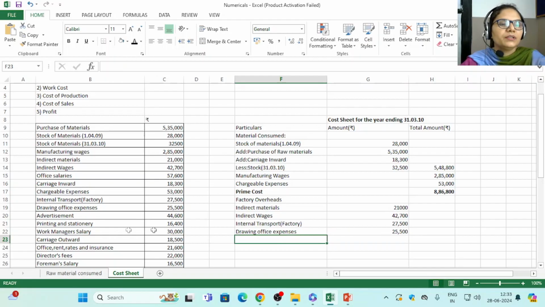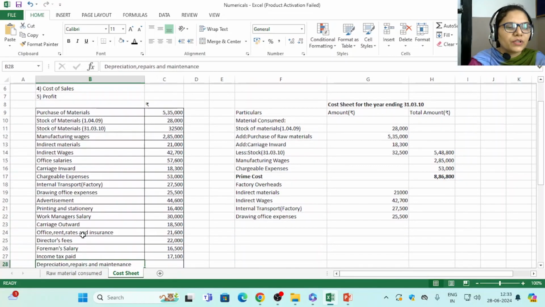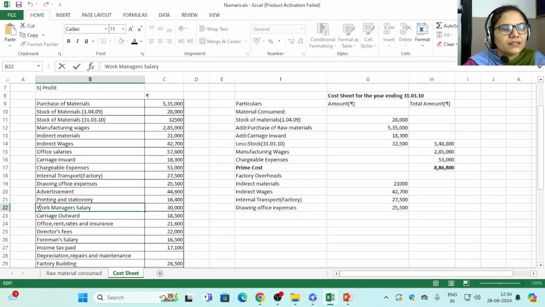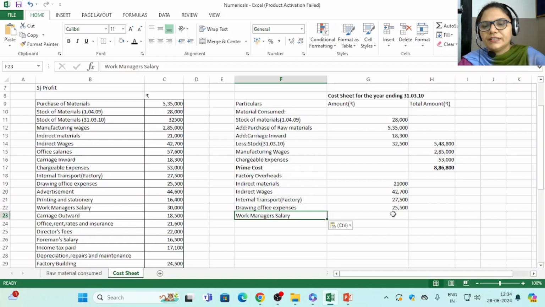Next is your work manager salary. We will go through what other expenses can be a part of this. Work manager salary is again a part of your factory overheads. Then we will show it under factory overheads, it is rupees 30,000.